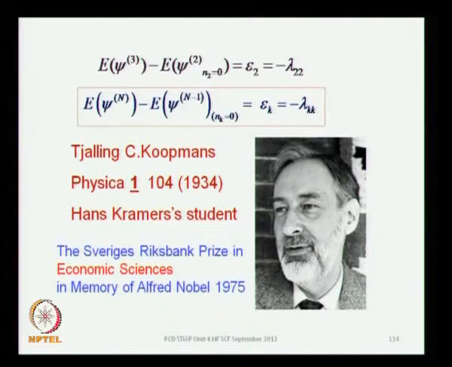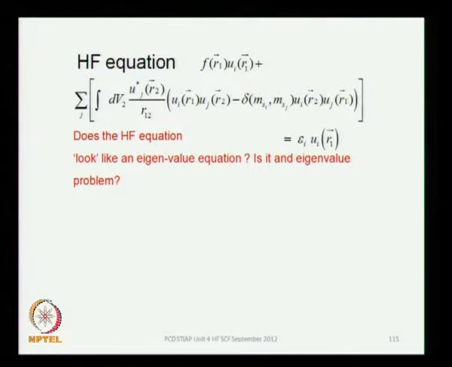So, Koopmans got this prize, but not for this theorem, though this theorem is a very powerful theorem, and we will address some other questions connected with the Hartree-Fock equation. We also asked if this is an eigenvalue problem. It does have some similarity with an eigenvalue problem, because on the right hand side you have an energy kind of term.